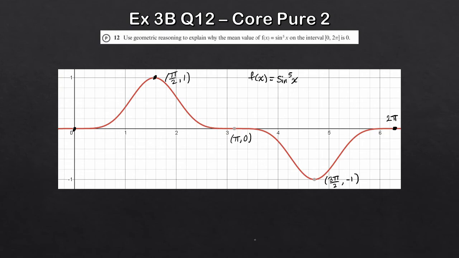Okay? So, essentially, the key idea here is to look at the facts of what's happening with the areas. Remember, integration is looking at areas underneath a curve. So, what we're essentially looking at here is this area and this area here.